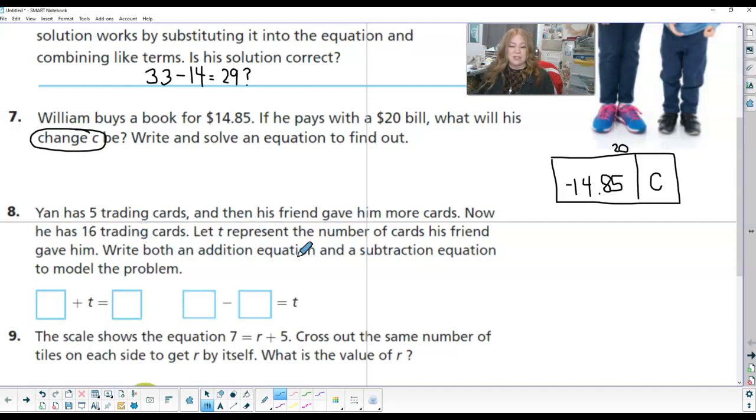Write both an addition equation and a subtraction equation. So like we did before, right, the opposite of this. So he had 5. His friend gave him more. Now he has 16. So see if you can take this and make it into a subtraction problem. What minus what will equal the cards his friend gave him?